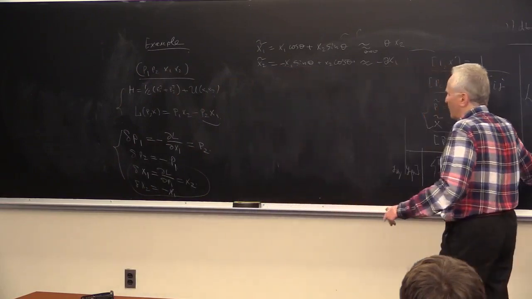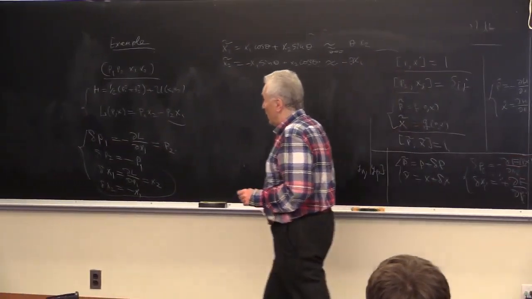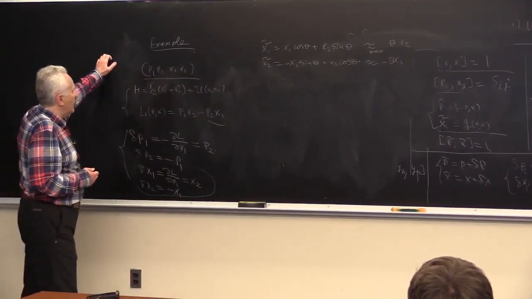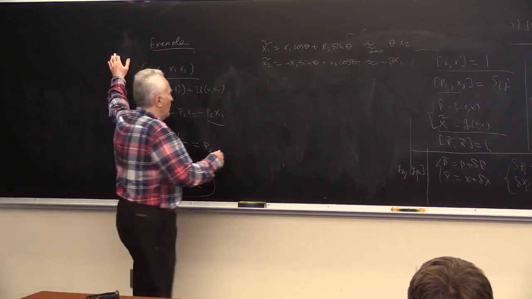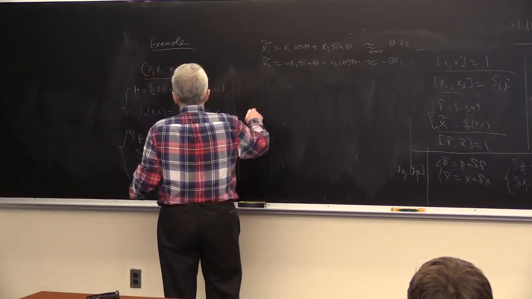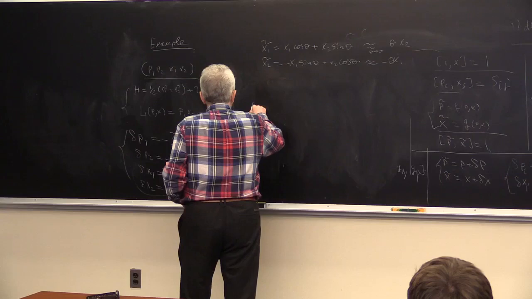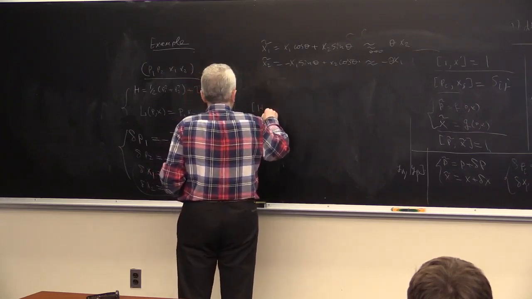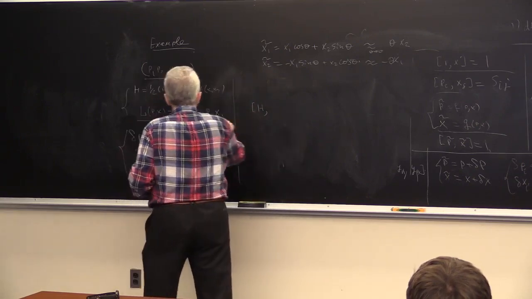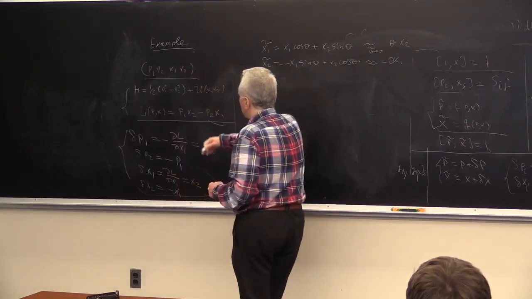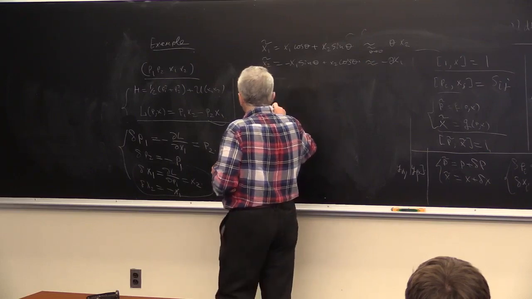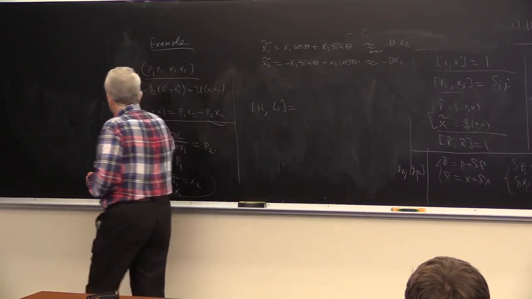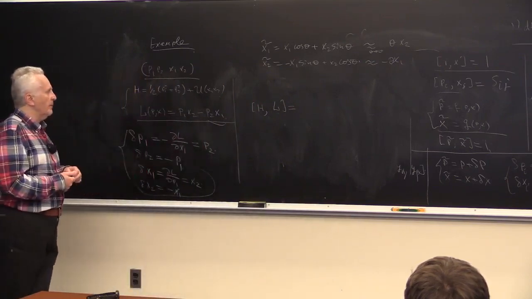It all comes from this formula. And now we can ask the question: the function L generates rotation in the phase space. Now let's think of what is HL, the Poisson bracket. What do you think it will be?